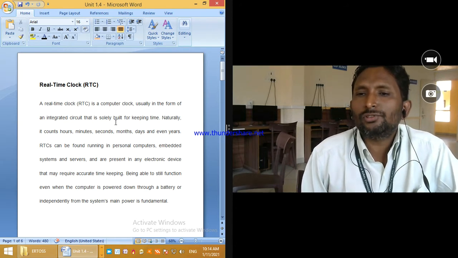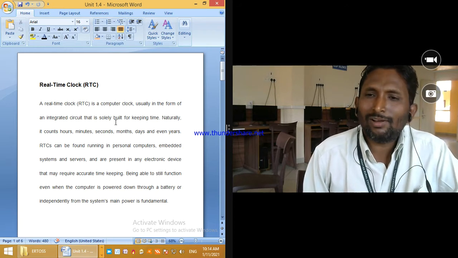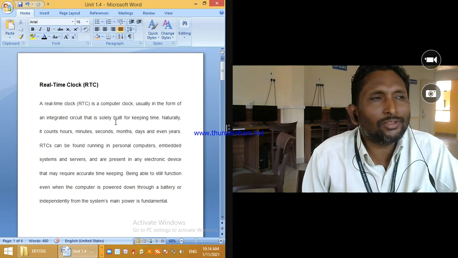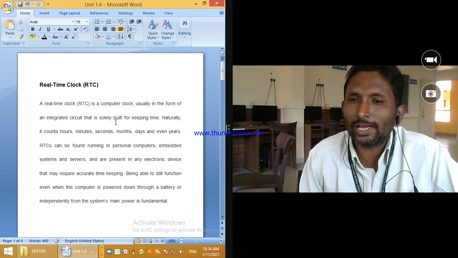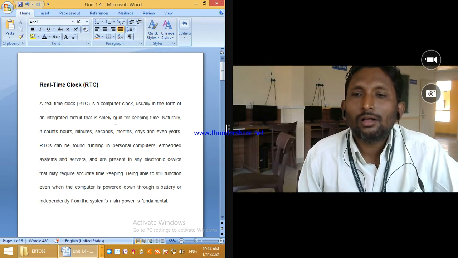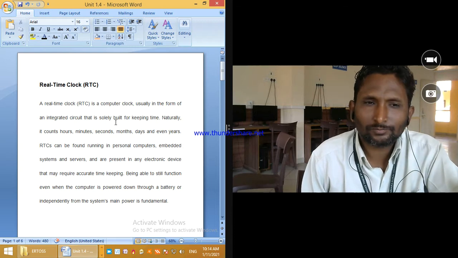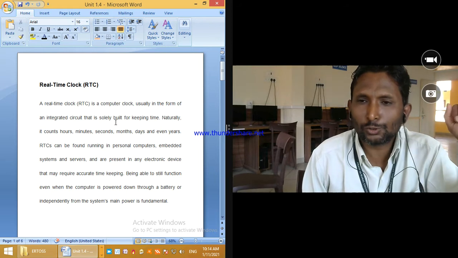How does the mobile phone give this information? Because, as I have said, the mobile phone is an embedded system. What hardware is embedded? A real time clock. Because we have to check our oxygen level per second, or per minute. If it is above 90, then it's okay.